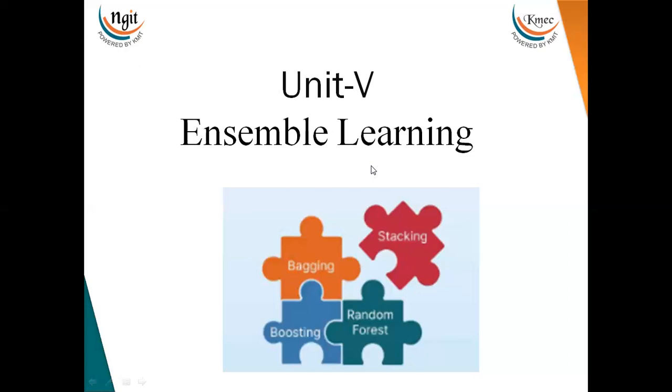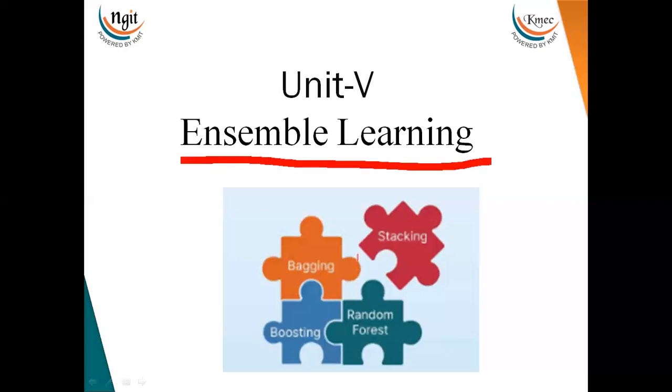In the same way, when we are trying to develop an ANN model or a neural network model, we want the best performance of that model, so we combine multiple algorithms together and take the advantage of each of these algorithms. That is what ensemble learning is.